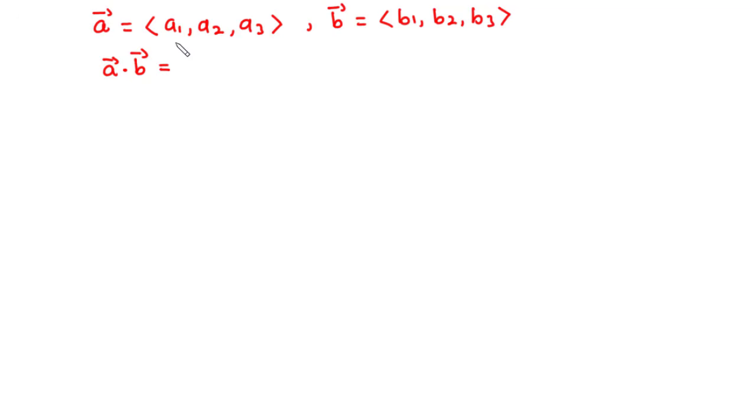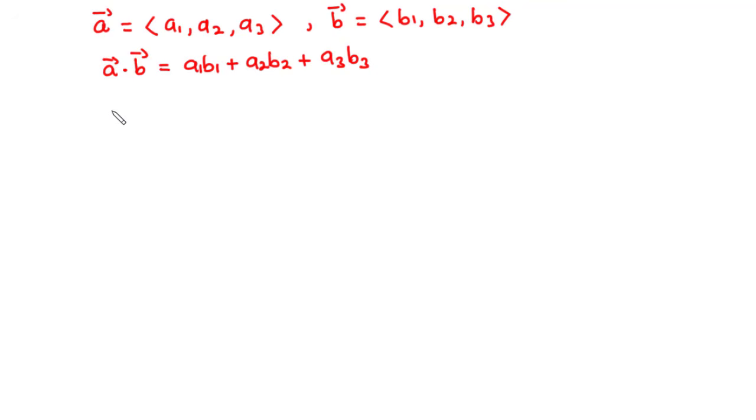So we have A1 times B1 plus A2 times B2 plus A3 times B3, and the results after multiplying corresponding components and then adding them up gives a real number, that is a scalar, and hence the dot product is sometimes called the scalar product.